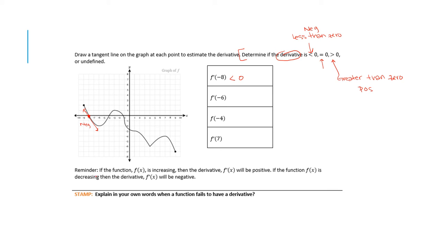Go ahead and try f prime of -6. So we see we should be looking at this point here, which is clearly a local minimum, which means our tangent line is horizontal and has a slope of 0.